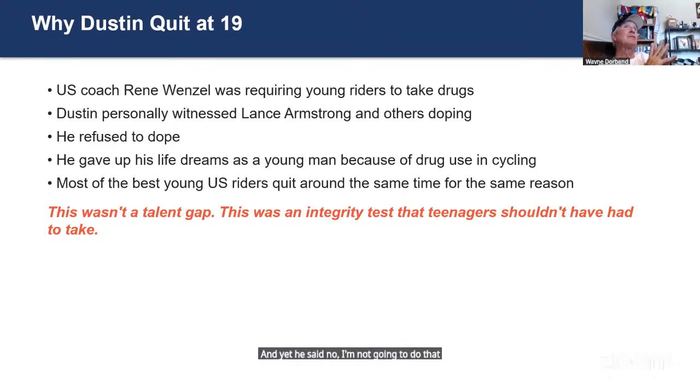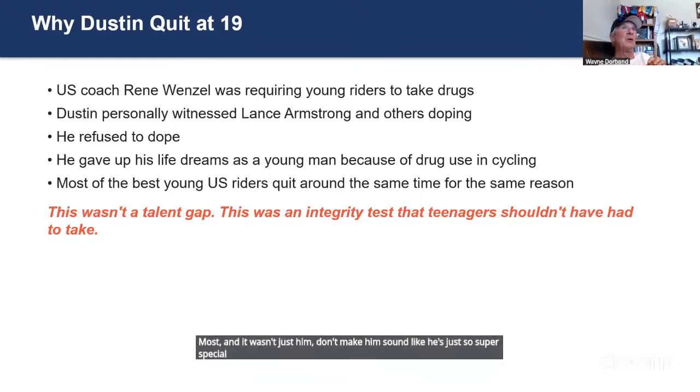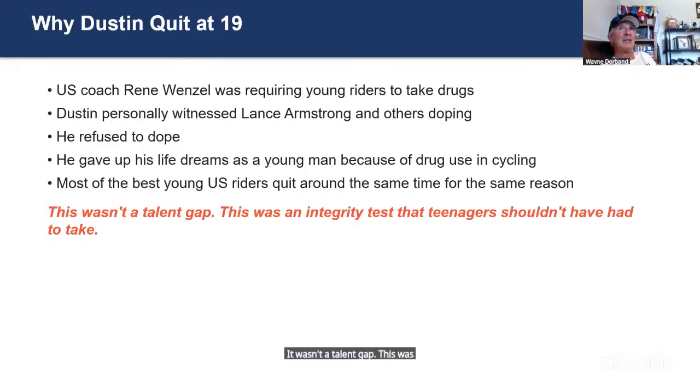He gave up his life dreams as a young man because of drug use in cycling. And it wasn't just him, don't make him sound like he's super special. Most of the best U.S. riders quit around the same time for the same reason. It wasn't a talent gap. This was an integrity test that teenagers shouldn't have had to take.